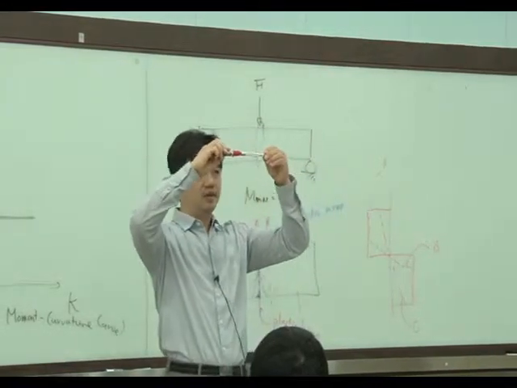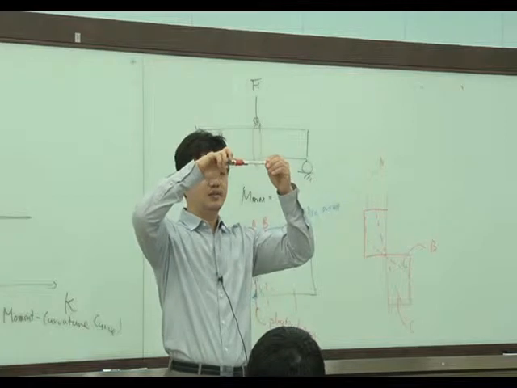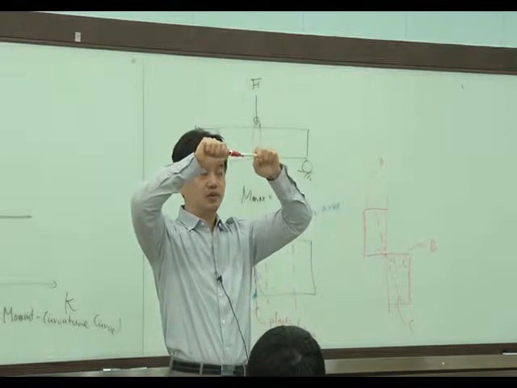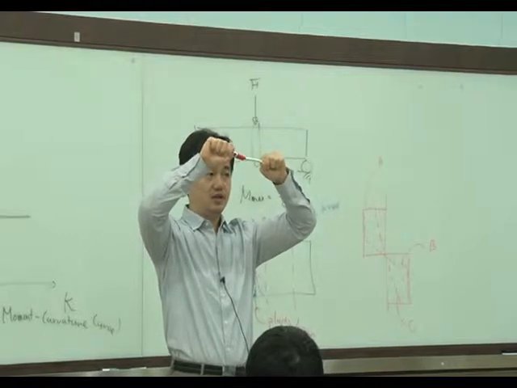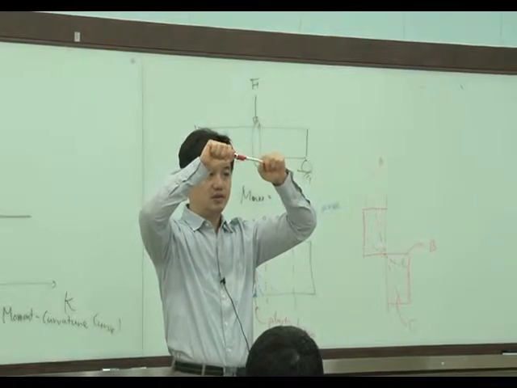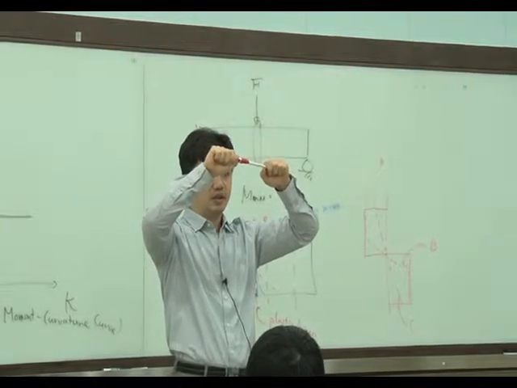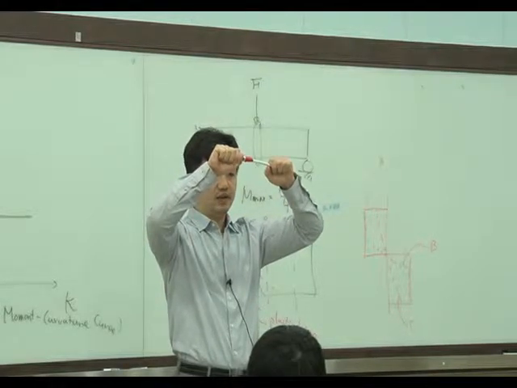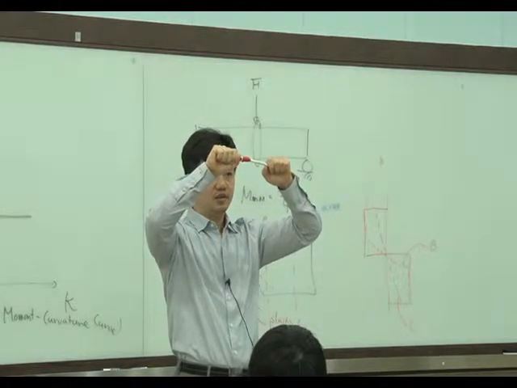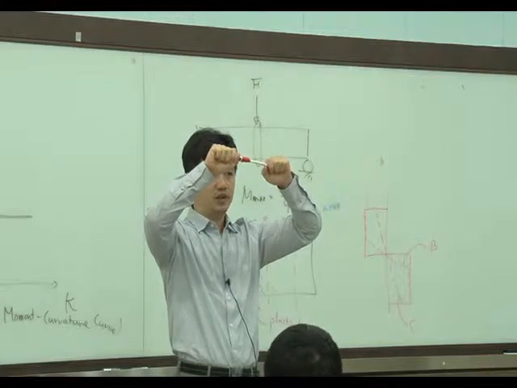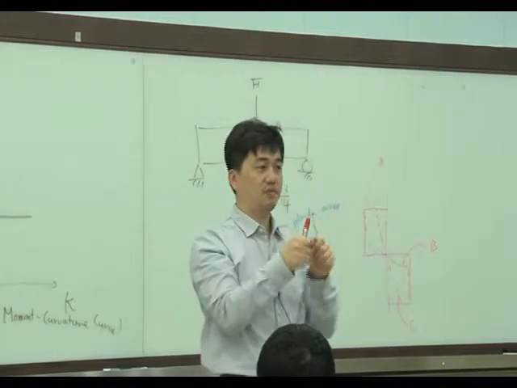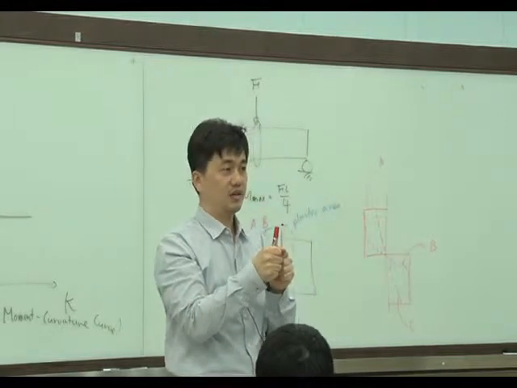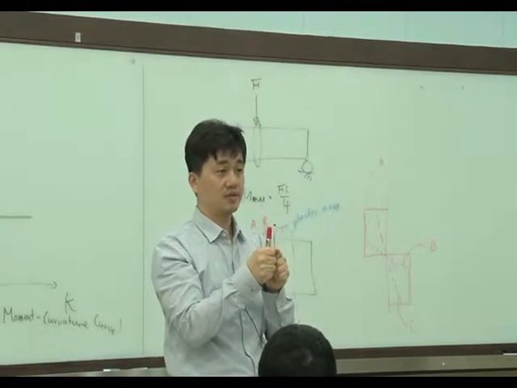And this is a center. I'm going to give some moment, okay? I'm going to slowly increase the moment. And at a certain applied force, it becomes folded very quickly. Right? That means collapse.